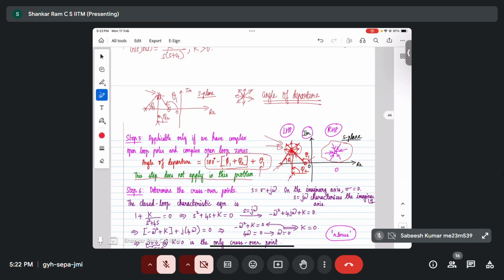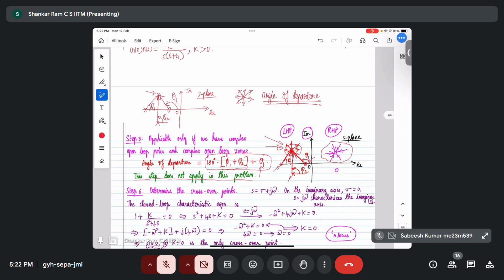Similarly, as I told, in this particular example this step does not apply because there are no complex open loop poles. Now, if you have an open loop zero which is complex conjugate, then as we know, one branch is going to end at the open loop zero, right? So the question is which direction it will come in. That is why the corresponding calculation is called the angle of arrival.